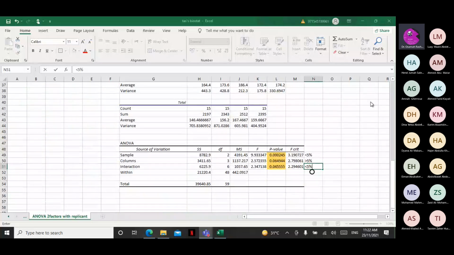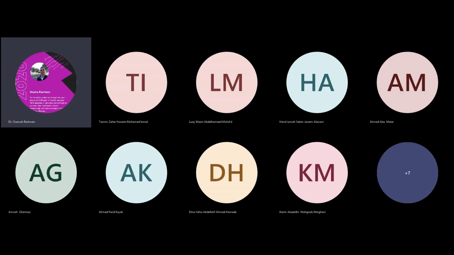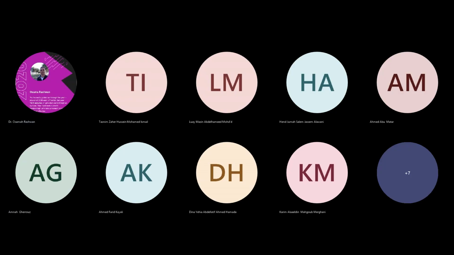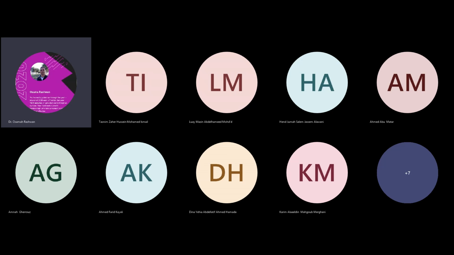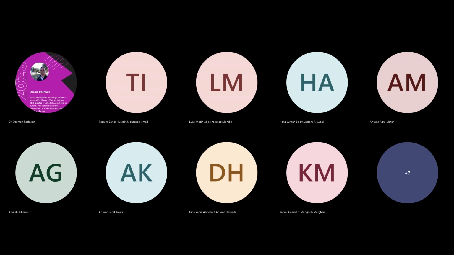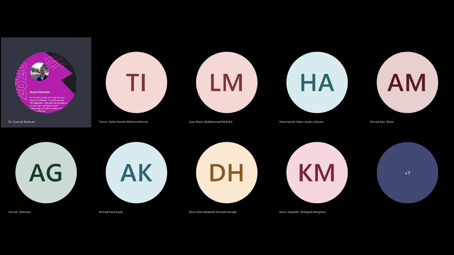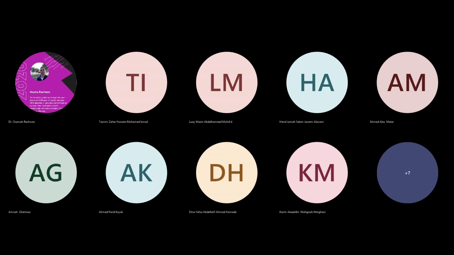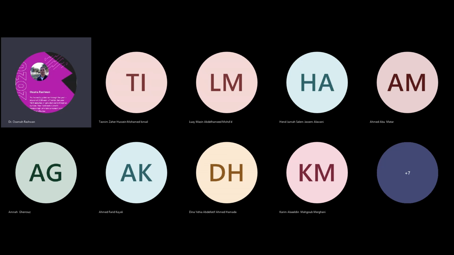If it is less than 5%, we reject the null hypothesis, right? So what are you going to write? There is a significant difference between the effectiveness of the fertilizer for the different groups, right?